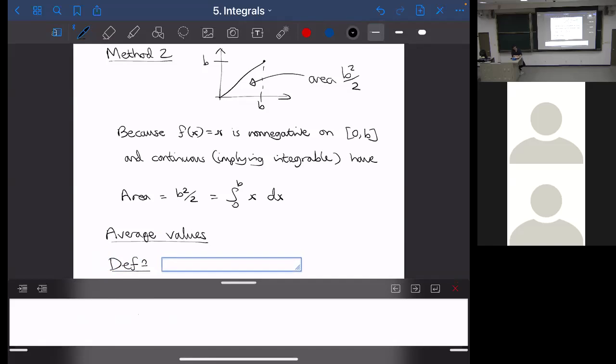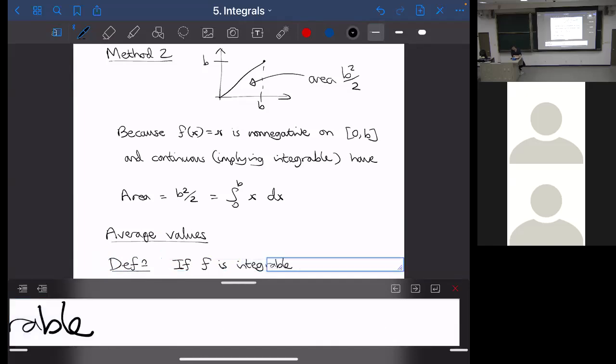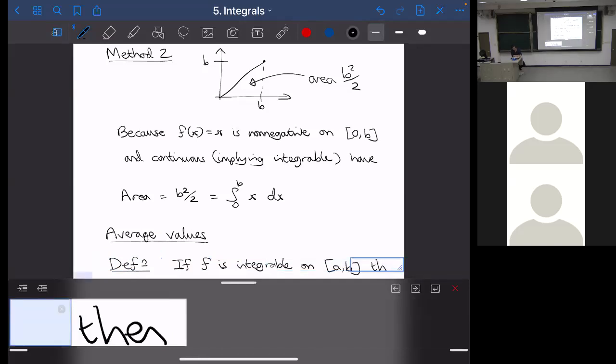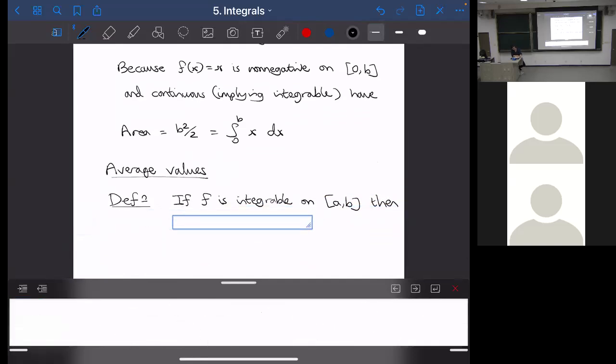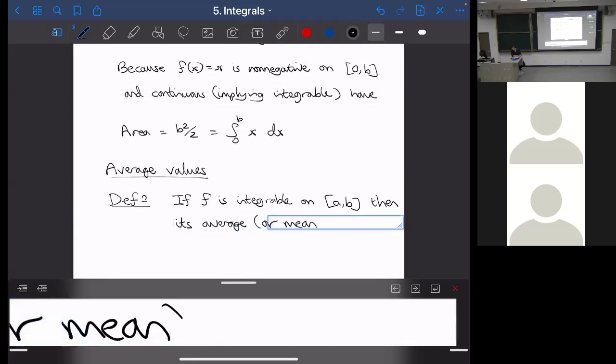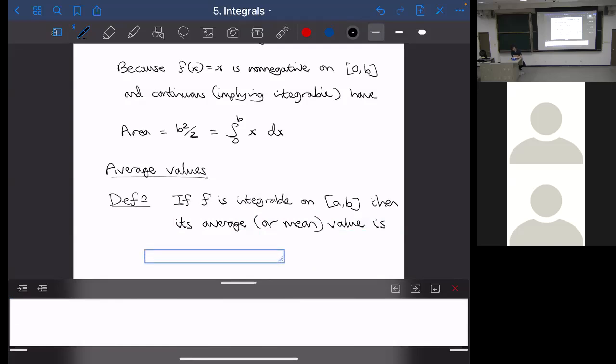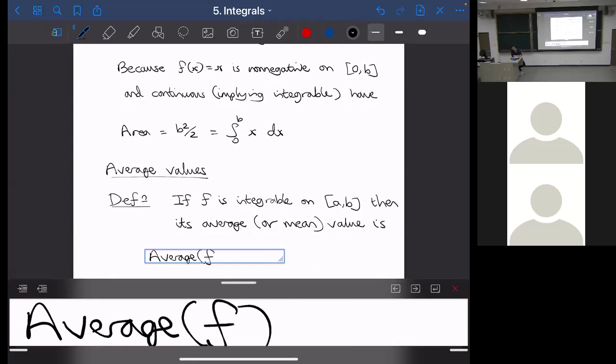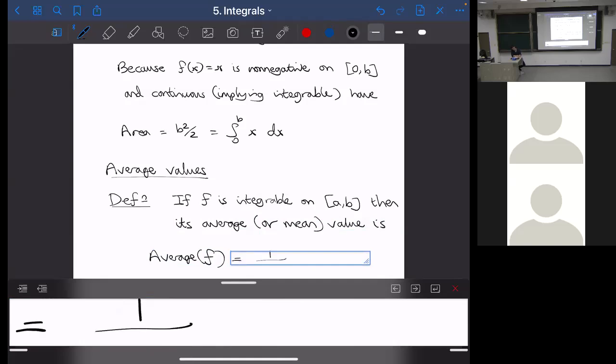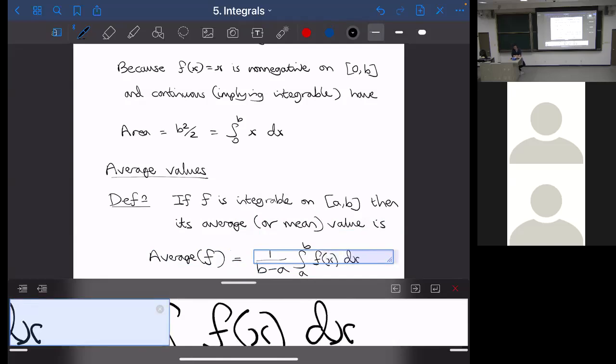Definition: if f is integrable on [a, b], then its average or mean value, the average of f, is 1 over the length of the interval times the integral on that interval.